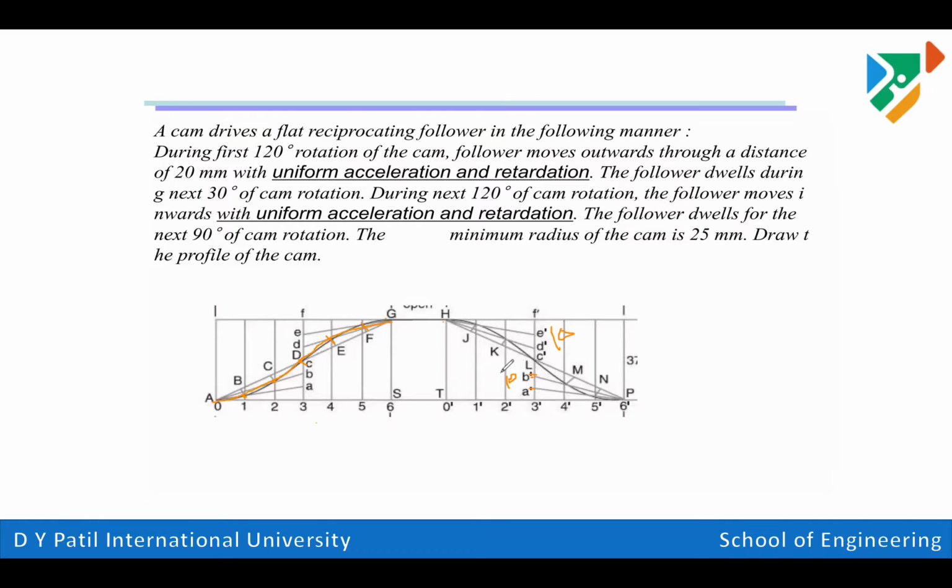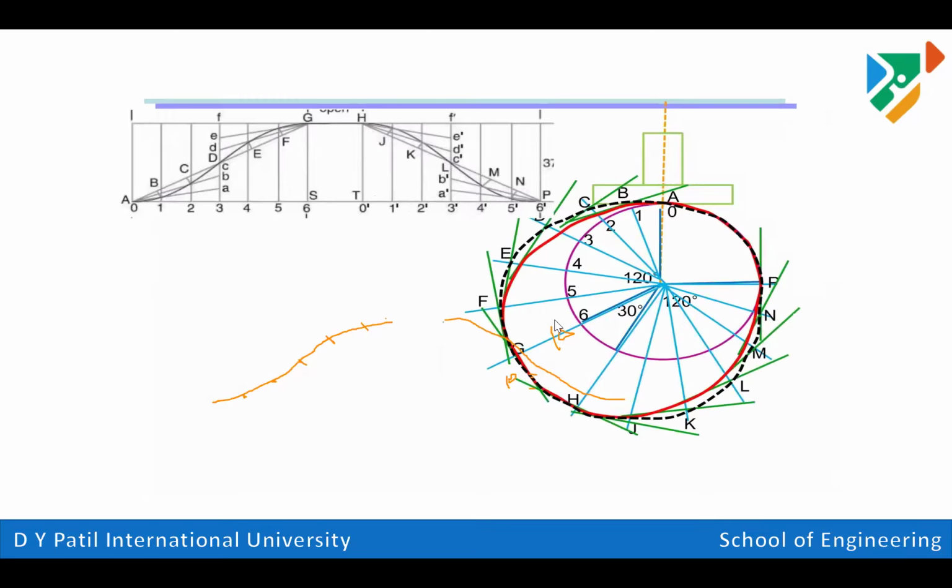Then again we have first incline, first vertical, second incline, second vertical, third as it is, fourth incline, fourth vertical, fifth incline, fifth vertical. By passing a freehand curve through all these points, we get the curve. So this is how we create the displacement diagram with the help of cam rotation and lift.